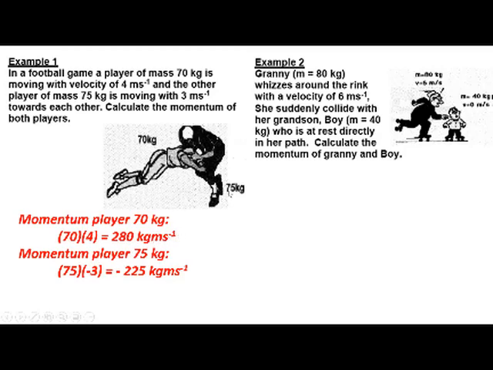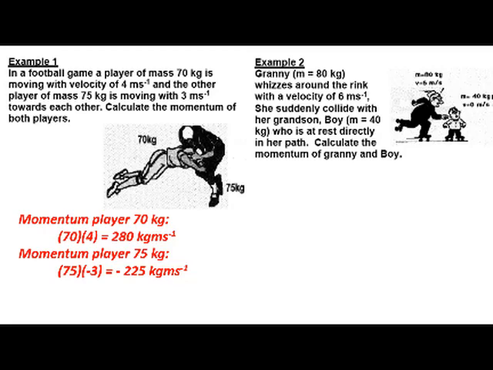For the 75 kg player, the mass is 75, but the velocity we put as -3. Negative means the direction is to the left. So the momentum equals -225 kg meter per second. Remember, positive to the right means velocity positive, so momentum is positive. When you move to the left, velocity is negative, so momentum becomes negative.